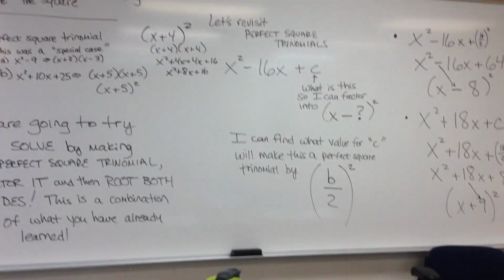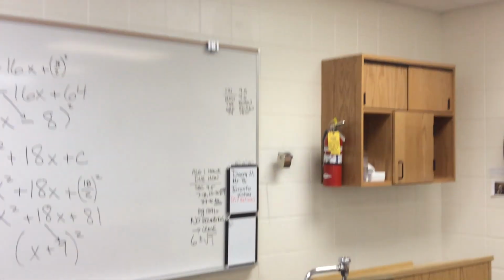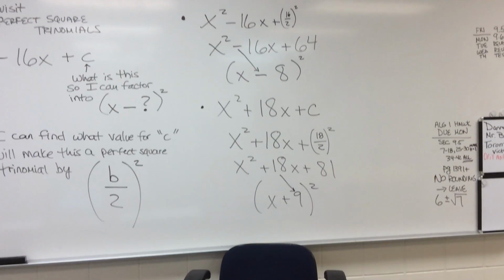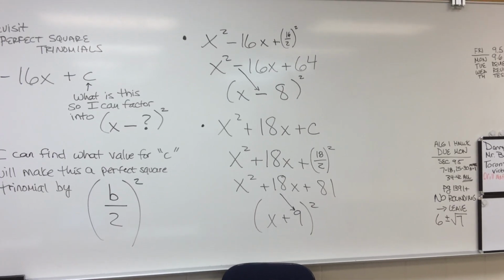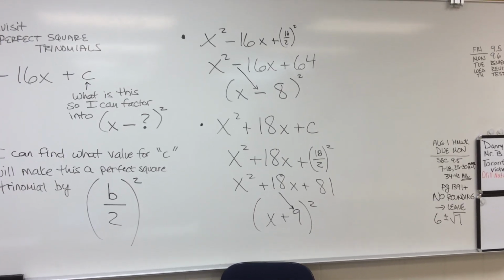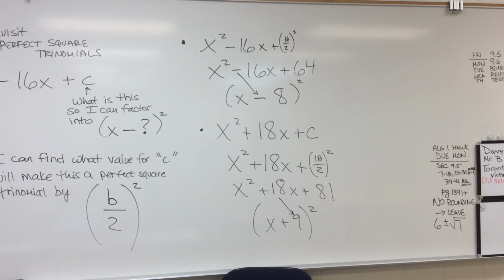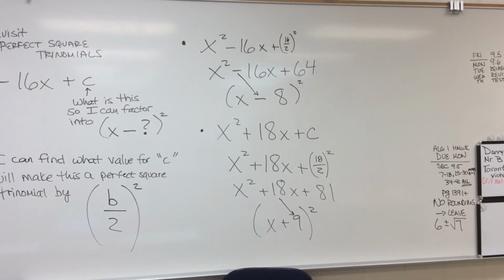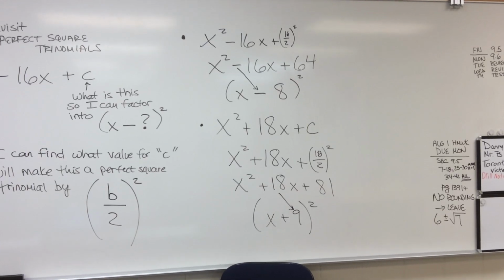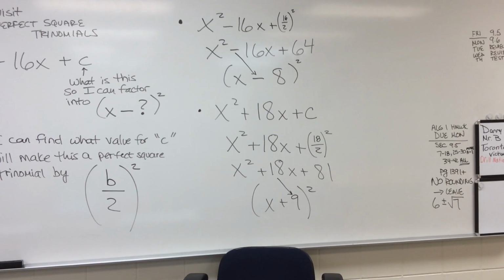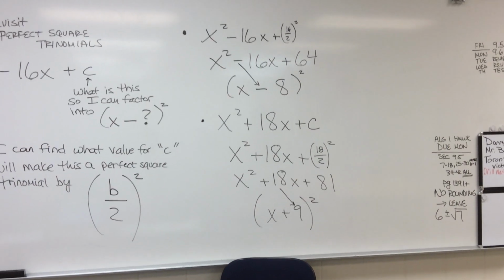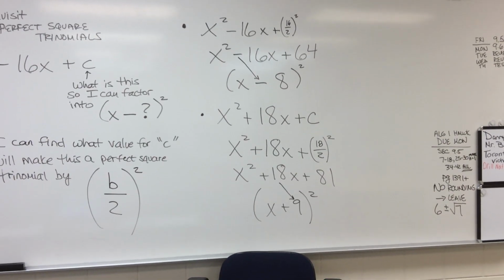So let's do a couple examples like in your homework where we're finding c that will make this a perfect square trinomial. The first one, x squared minus 16x plus what? I take that middle term, 16, divide it by 2, I get 8, I square that, and I get 64. And then I can factor that into x minus 8 all squared.